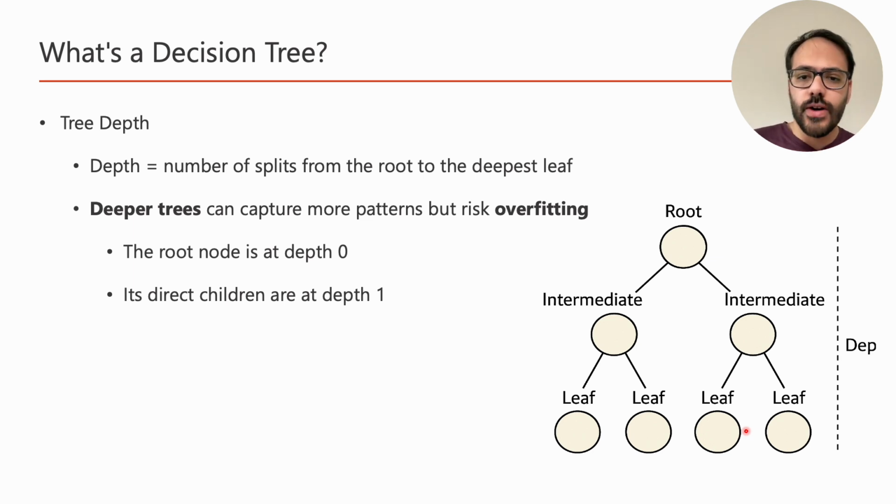And what is overfitting? In general, you can think of it as a scenario where a machine learning model learns the data too well, which means that it memorizes random fluctuations and noise and other things in the data that in general we do not care about.